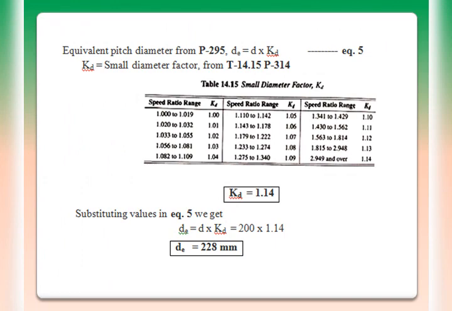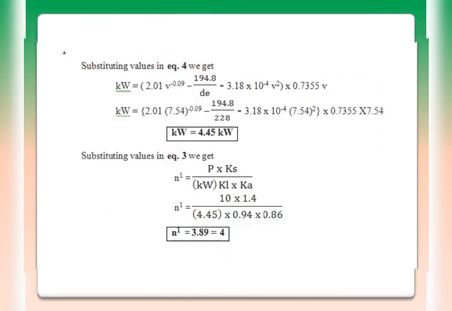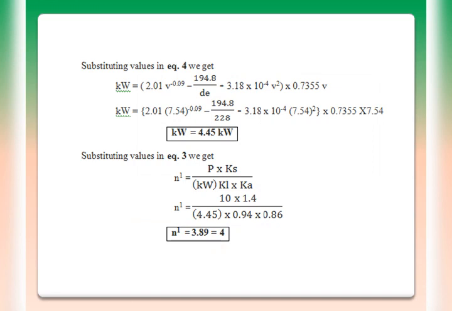We select and substitute this value in equation number 5. We are getting d suffix e is equal to d into kd, that is 200 into 1.14, or the equivalent pitch diameter d suffix e is equal to 228 mm. After getting the values of d suffix e and v, now we need to substitute in equation number 4 to get the kilowatt, that is the transmitting capacity of the belt drive.